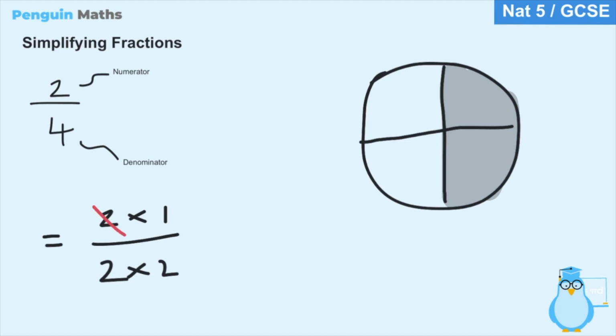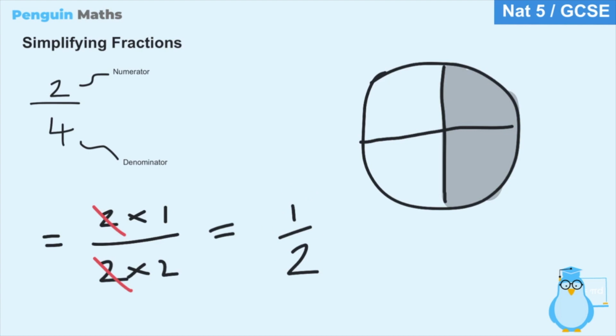So we said that 2 goes into 2 once and into 4 twice, and that means our fraction is then left with just a half. And this is the most basic example because if we look at this here, we can clearly see that these 2 slices represent half of the pizza. So therefore 2 over 4 can be simplified to 1 over 2 or a half.